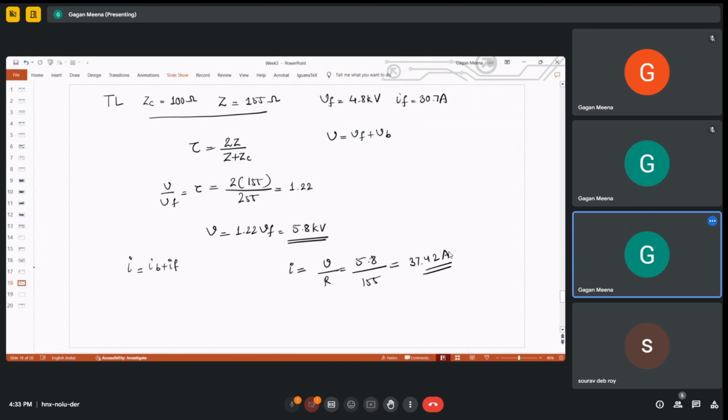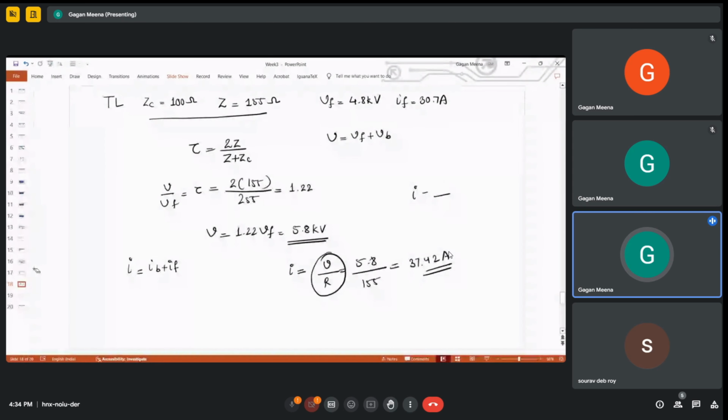This is correct. We need to find the current in amperes flowing through the resistor, which is V divided by R. I is equal to V by Z, right? That is what we have done.